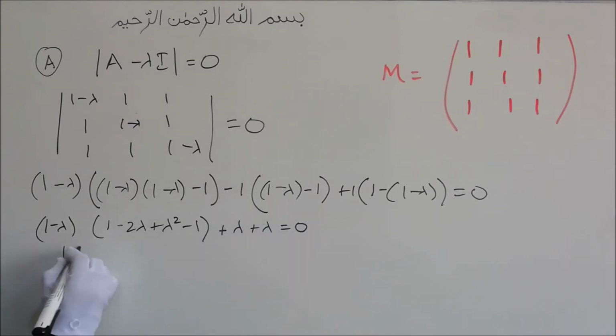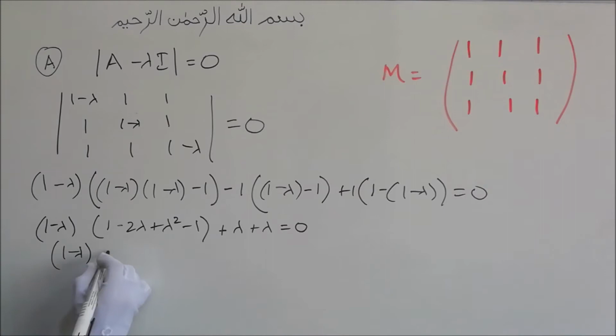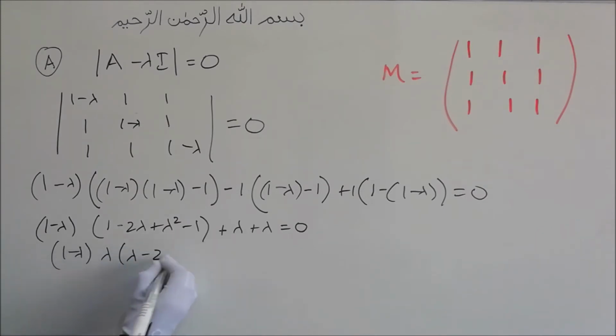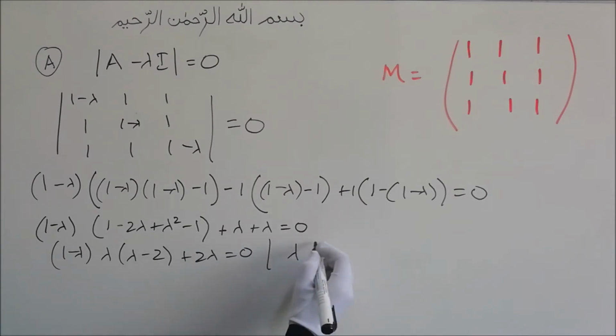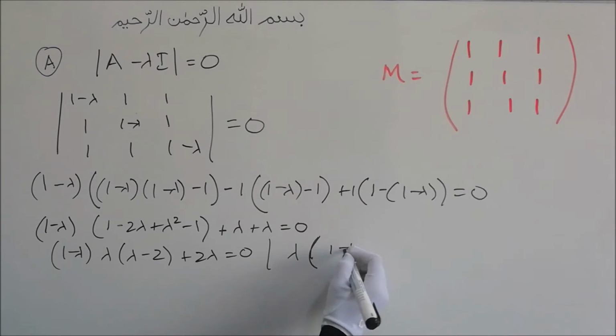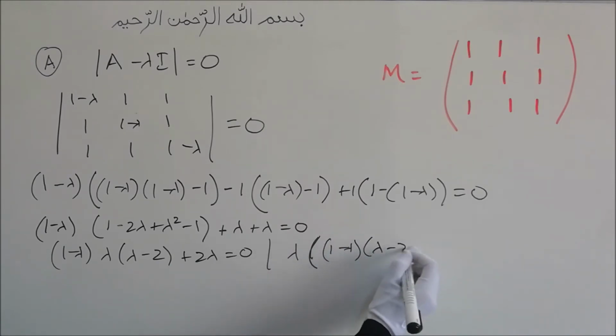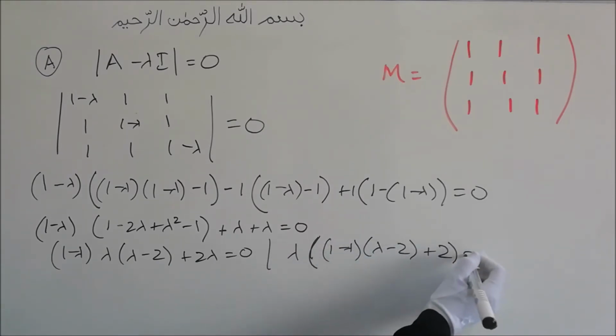So here we'll have 1 minus lambda, this plus 1 minus 1 cancels out, lambda is common outside: lambda minus 2 plus 2 lambda is equal to 0. Lambda will be taken common, and inside the remaining terms are 1 minus lambda minus 2 plus 2 equal to 0.